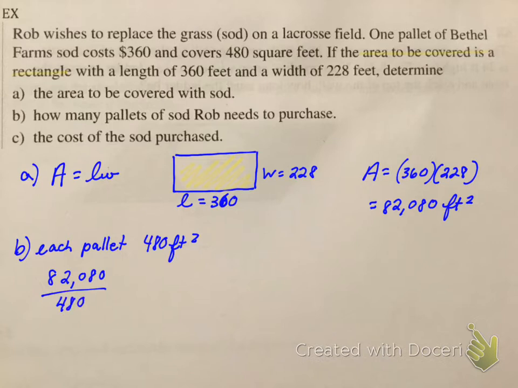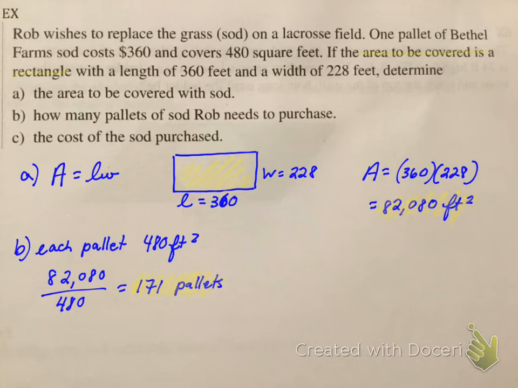If I do that, that'll tell me how many pallets I'll need. Okay, so let's do that together. When I divide 82,080 by 480, I got 171 pallets. So this is how many pallets he's going to need to cover that lacrosse field. Okay, so let me highlight my answers for each one. So A is highlighted, B is highlighted, but we have part C as well.